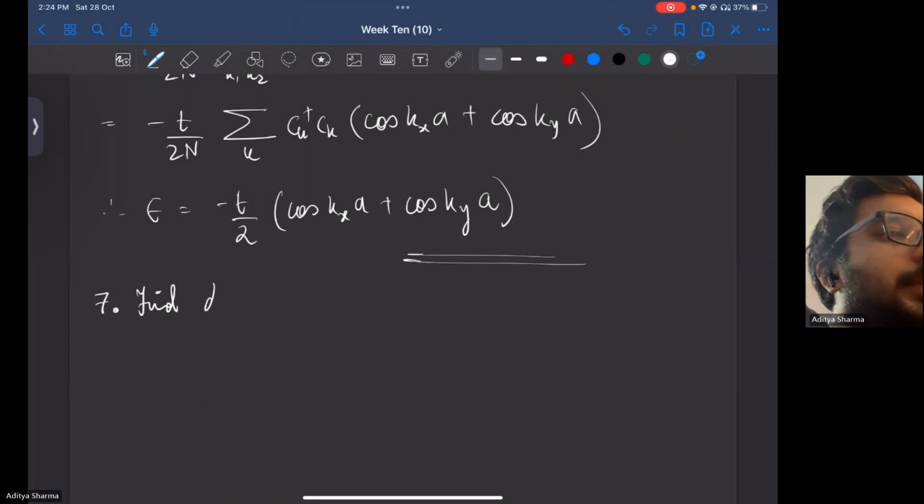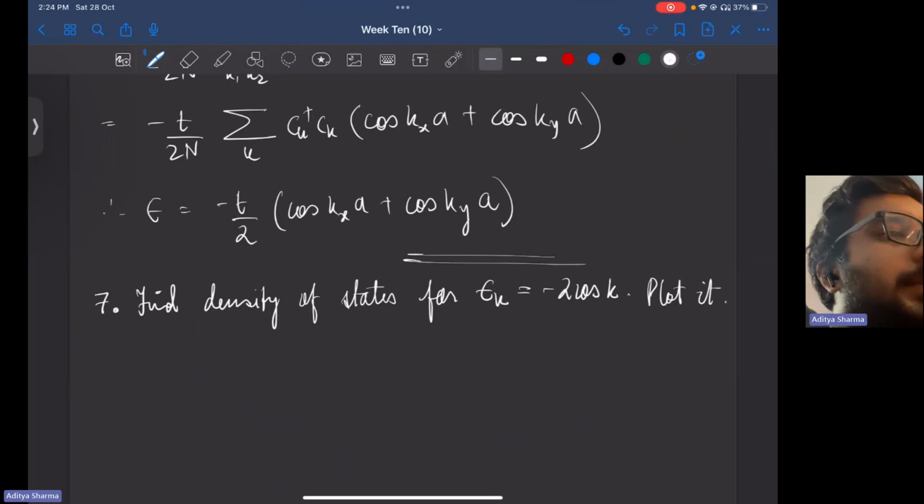Find the density of states for E of k equal to minus 2 cos k. Can you plot it? This is for the 1D tight binding model where E of k is something like this. Find the density of states and plot it.